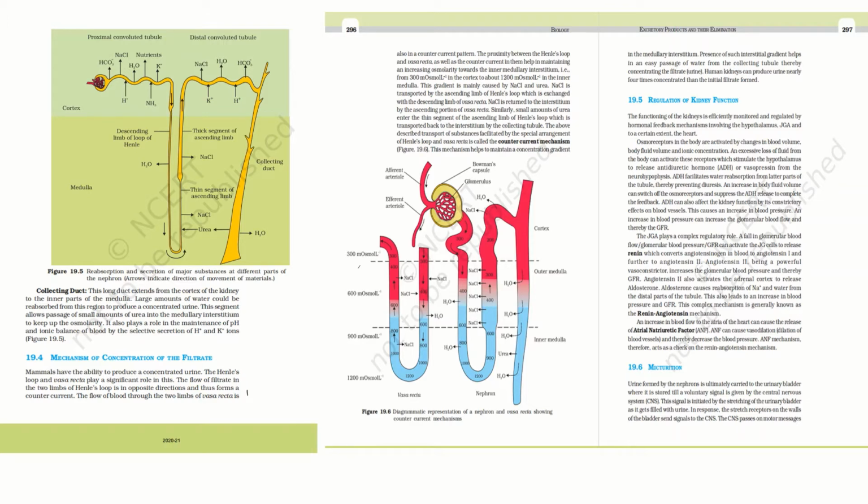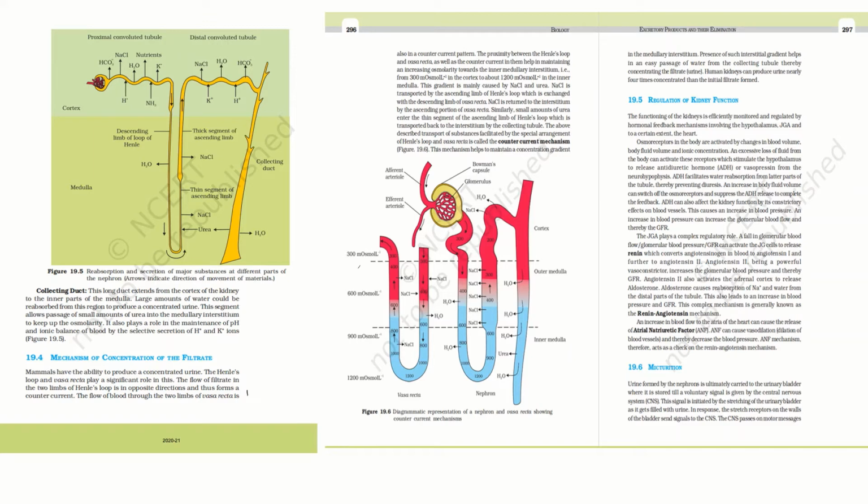Now, the two nephrons are the functional unit of the kidney, but they have structural differences. How? The cortical nephrons have short loops of Henle. But in juxtamedullary nephrons, the loops of Henle are long, deep into the medulla.